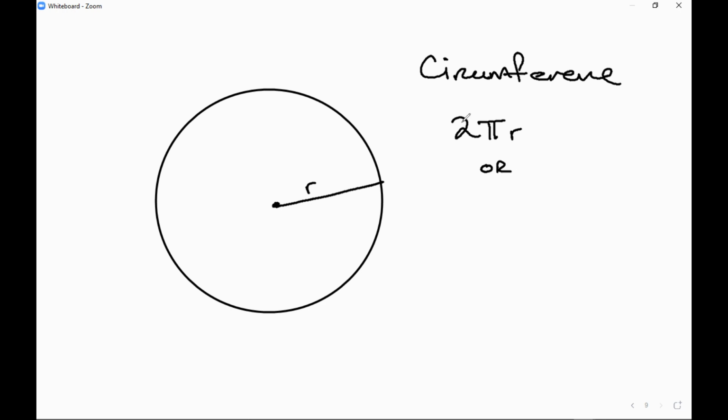Or I could combine the 2 and the r and it will become pi times d, which is pi times diameter, right? Area is given by pi r squared. You know that, right? Okay, good. So let's make it equal to 7. Get me the circumference and get me the area.